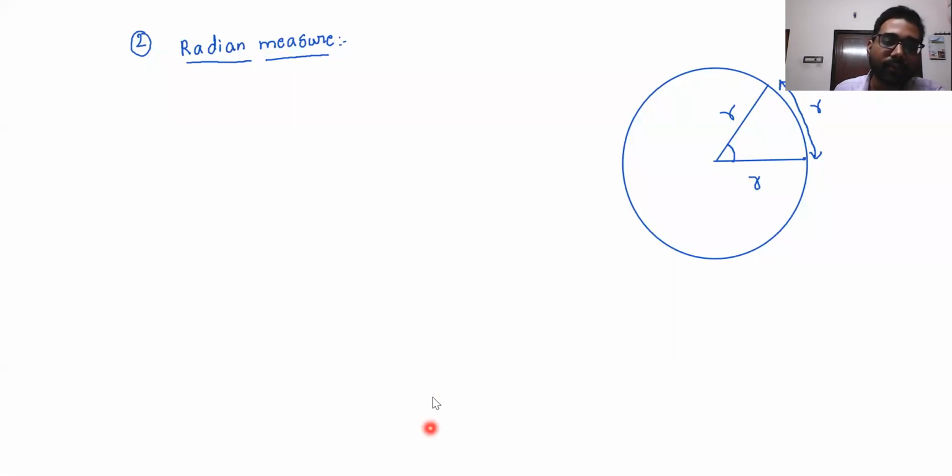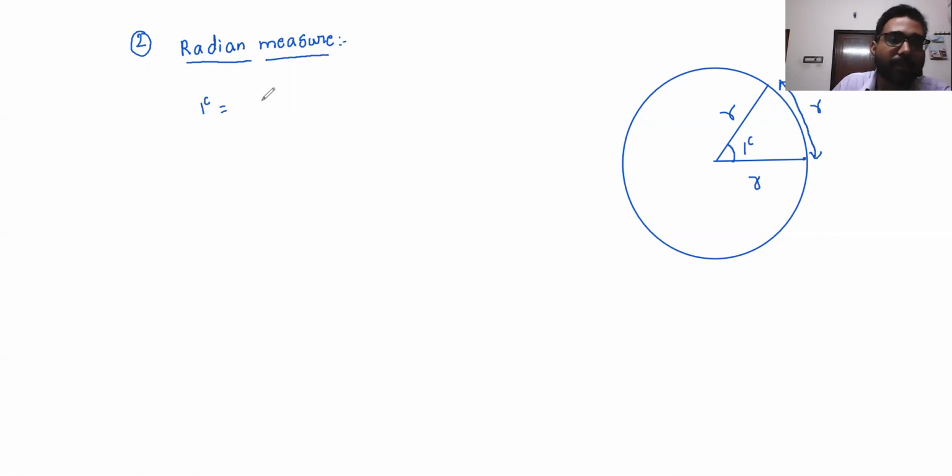So this is the definition of 1 radian, denoted by 1 superscript c. What is the definition of 1 degree? Take a right angle, divide it into 90 equal parts, one part is 1 degree. And what is the definition of 1 radian?